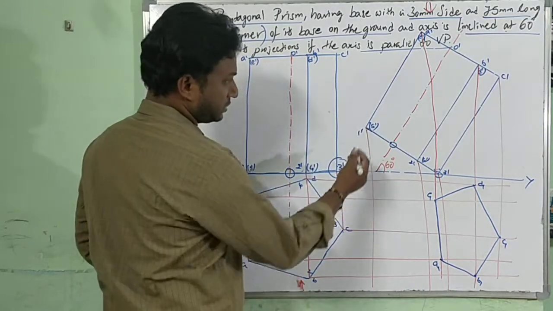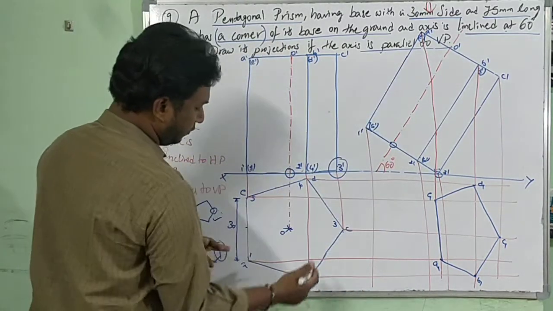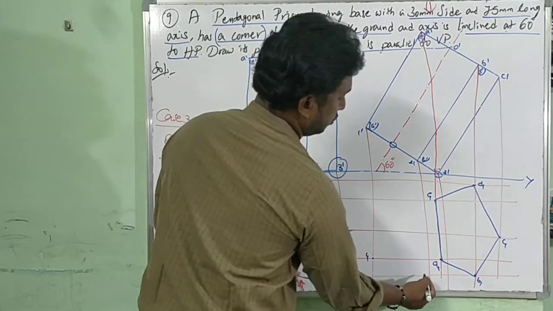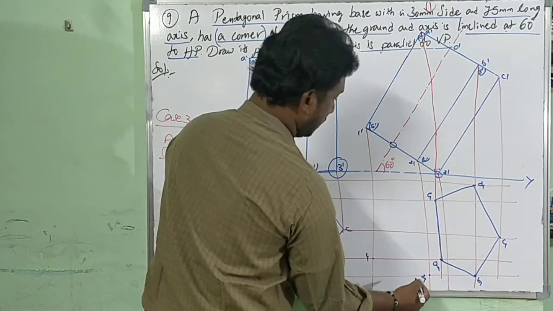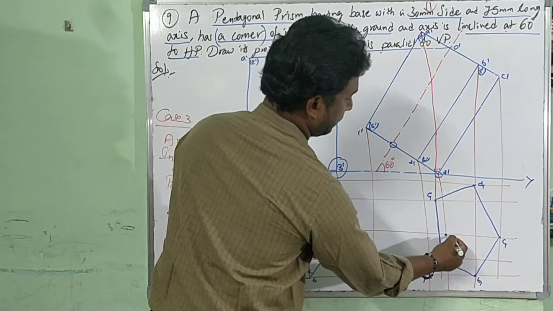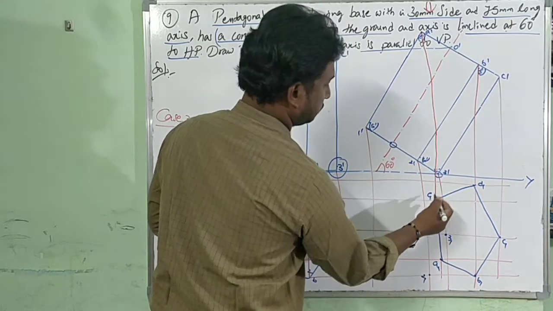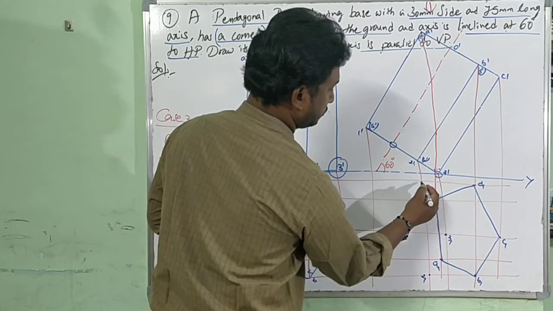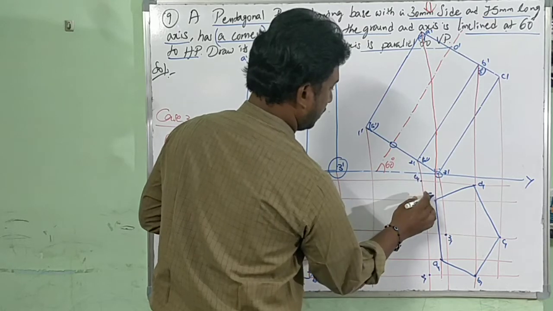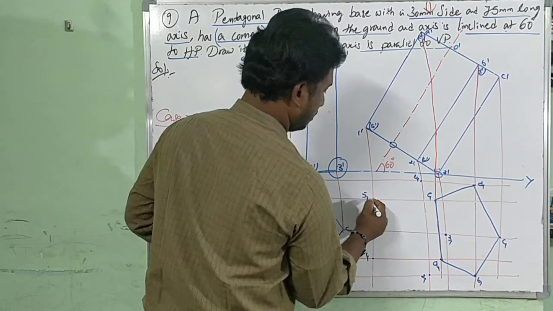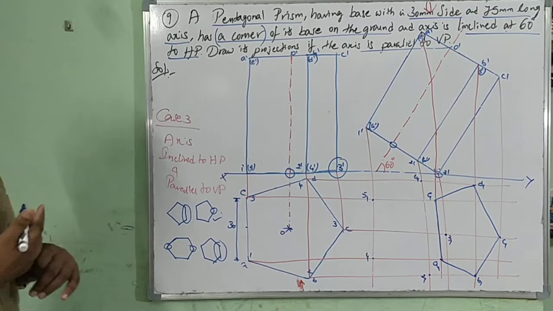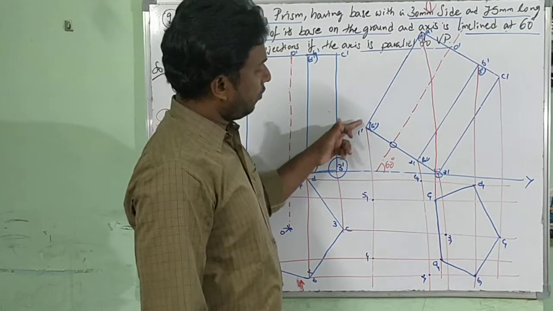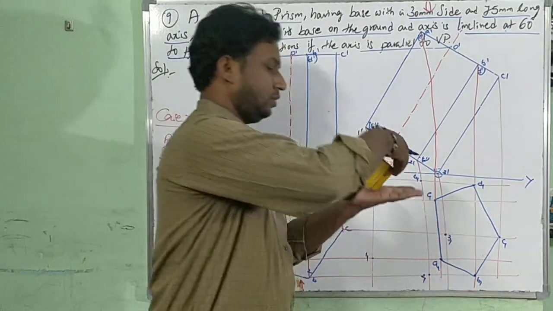Nothing but what are those? Pick with respect to 1, 1, 1, 1, 2, 1, 3, 1, 4, 1, 5, 1. You can clearly understand when I am looking from here, 1, 5, 1, 5.